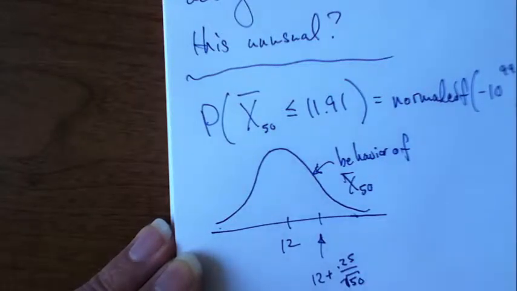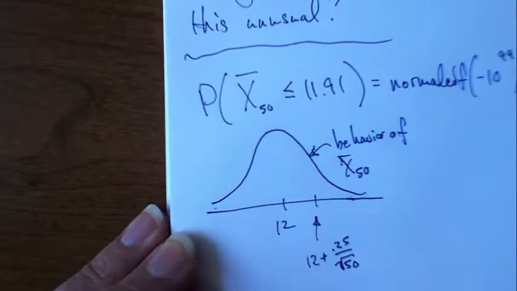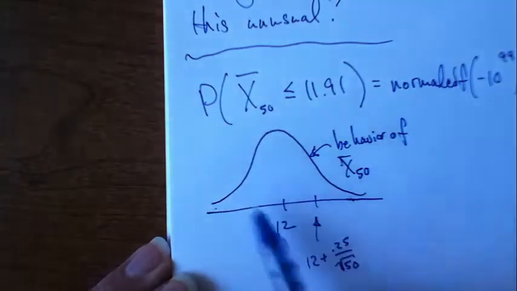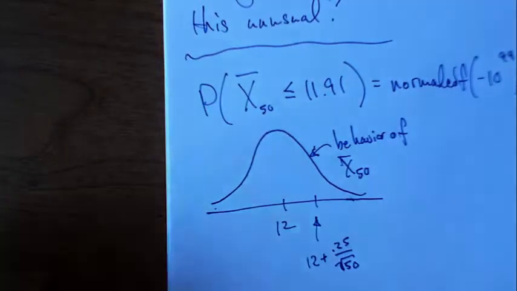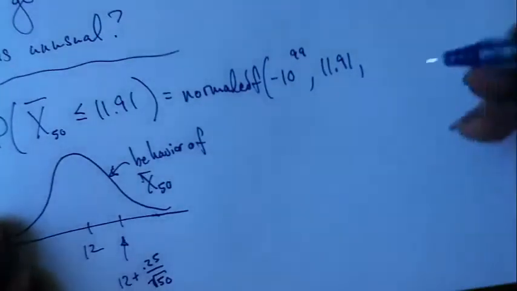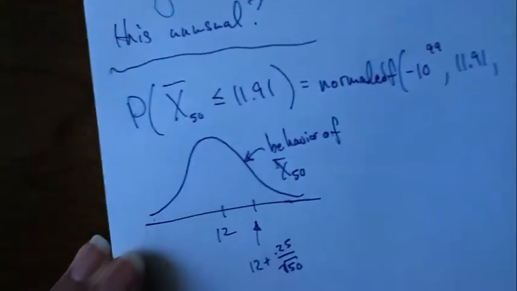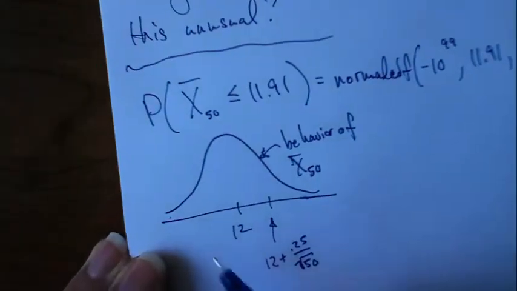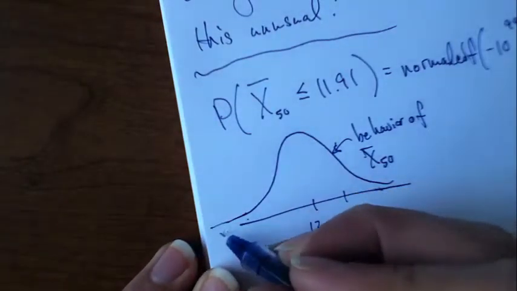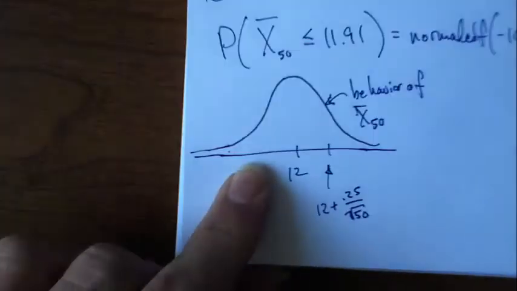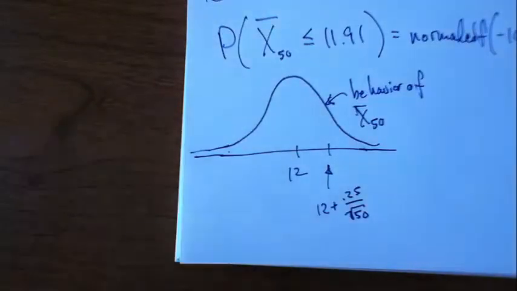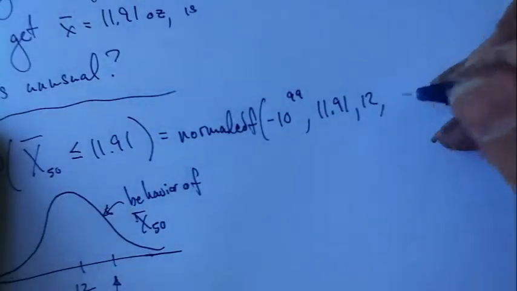Okay, so the standard deviation for this sort of behavior curve is a quarter over root 50. Whereas 11 point whatever is down here somewhere. I'm trying to calculate the area to the left of that mark. So the mean there is 12, and the standard deviation is a quarter over root 50.